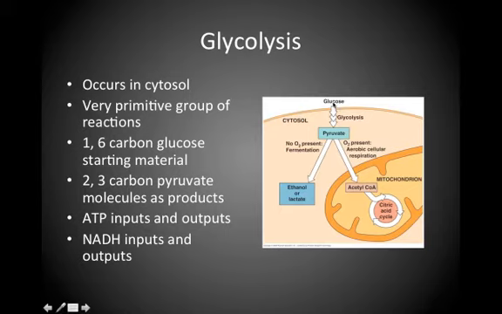So glycolysis takes glucose, brings it into the cytosol of the cell, and breaks it down in a bunch of steps, releasing a little bit of energy along the way, but basically setting up another organic molecule called pyruvate. In the presence of oxygen, pyruvate is pulled towards the mitochondria to get broken down into more energy, or in the absence of oxygen, fermentation takes place, which is lactic acid or alcoholic fermentation.